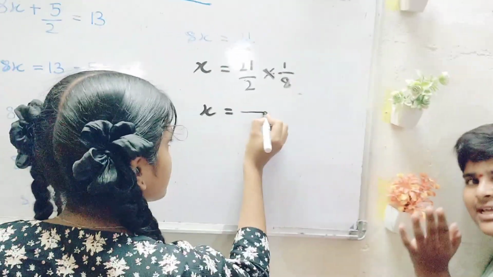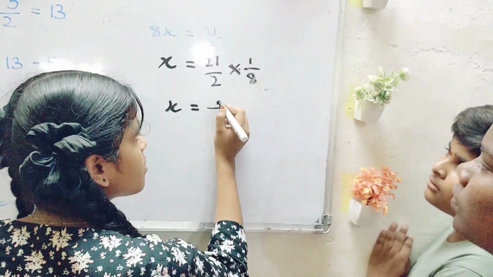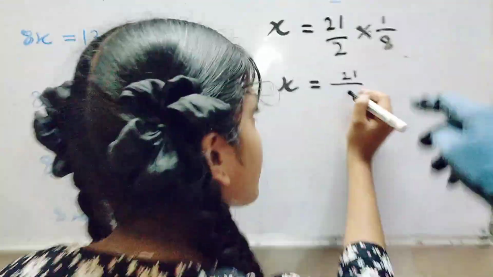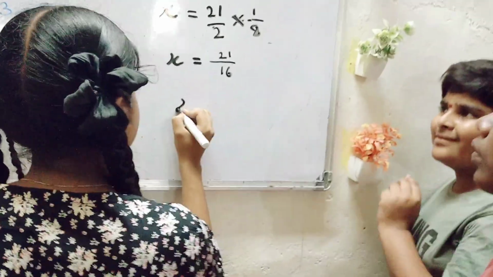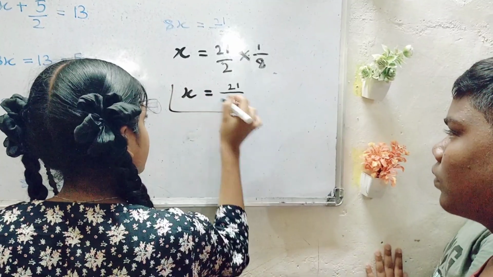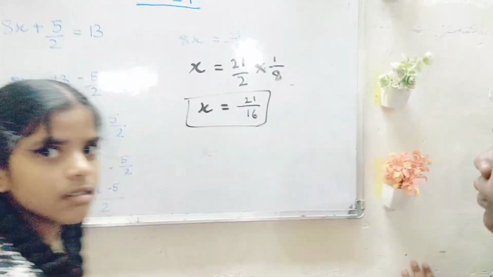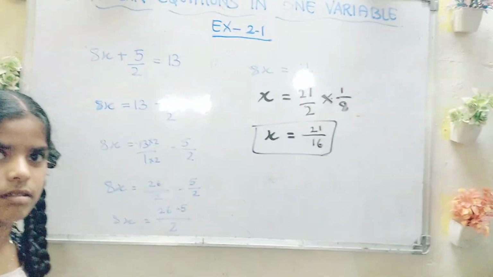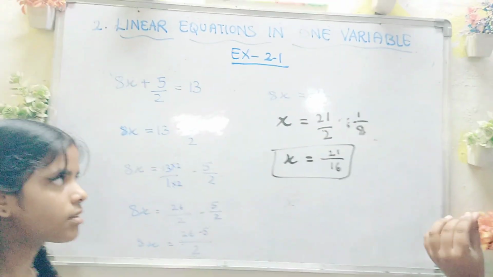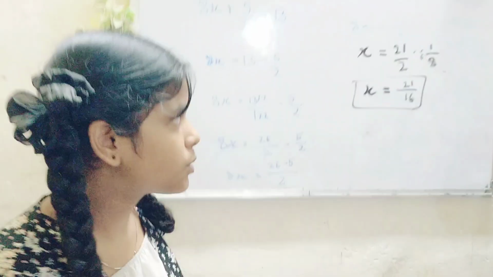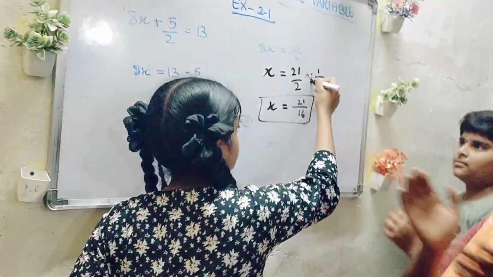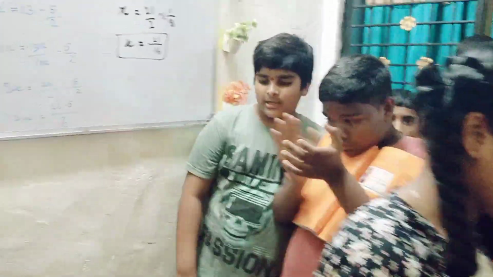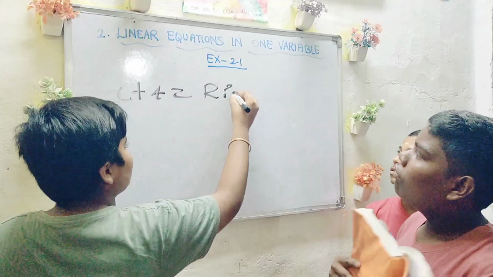Then 21. 2 8s are 16. x is equal to 21 by 16 will be the answer. Okay? Correct. x is equal to 21 by 16 is the answer. Please clap for her. Okay, next.